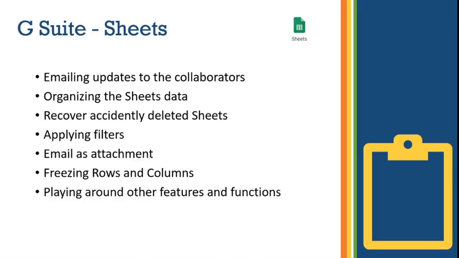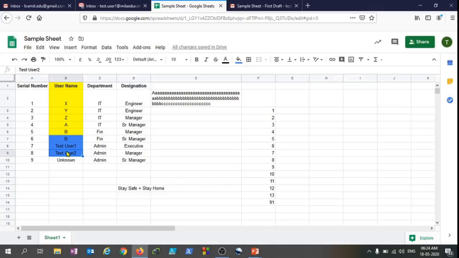This is playing around with other features and functions. This Google Sheets spreadsheet is really feature rich, and if you explore it a little bit, it is going to be a really handy tool for you, and you will see that you can do most of the things that you need, right?